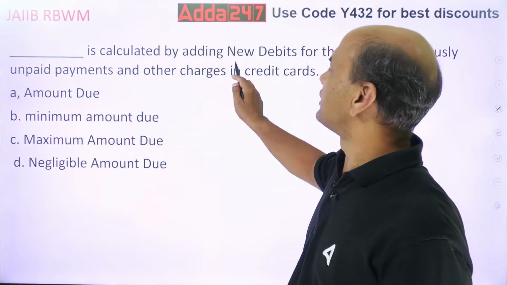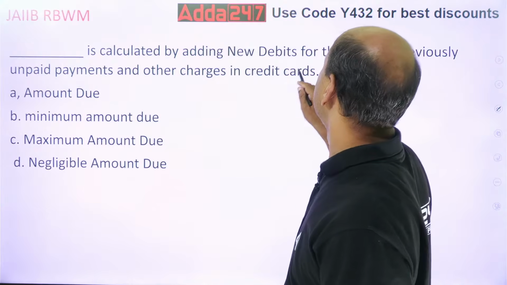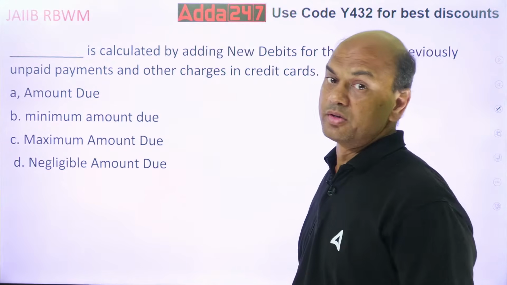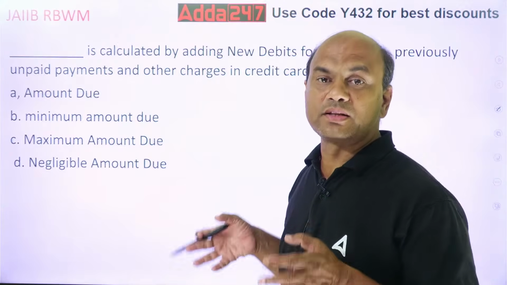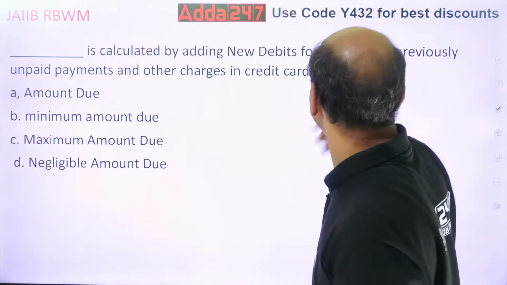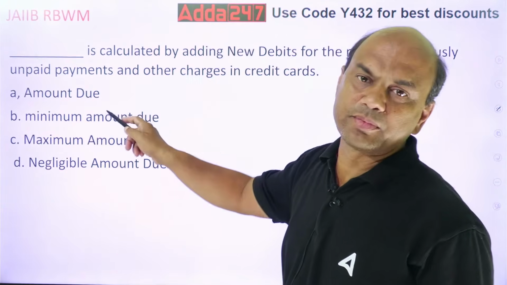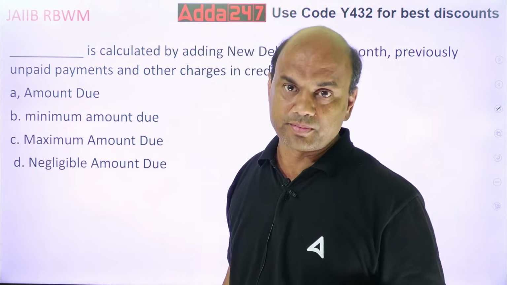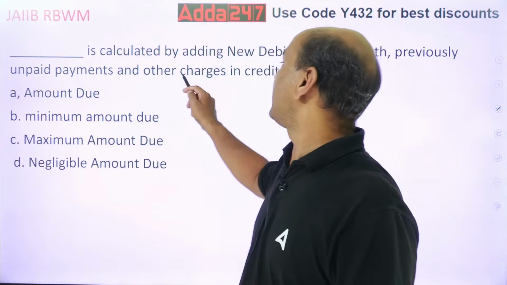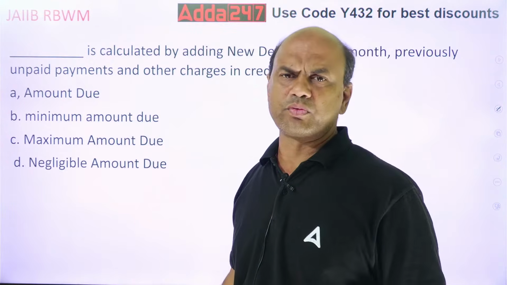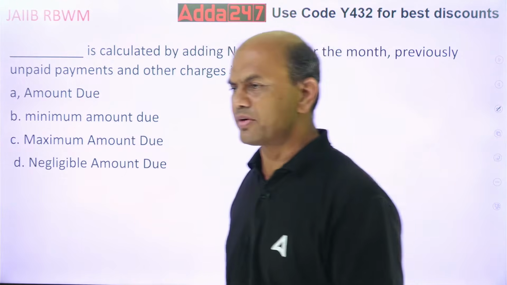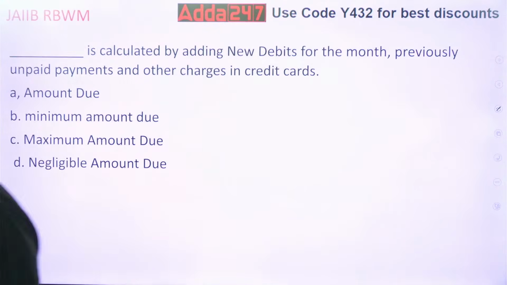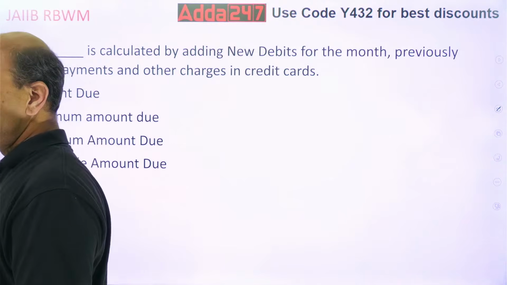New debits means whatever I have purchased in this month, plus previously unpaid payments, which I purchased earlier but have not paid, and other charges in the credit card. So what do you arrive at? A or B.